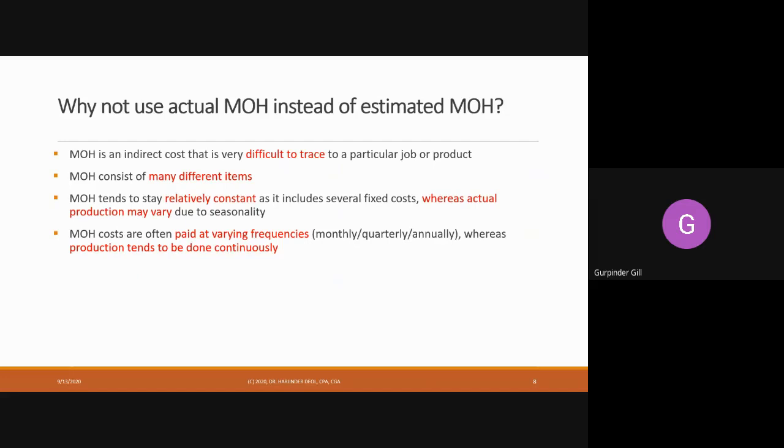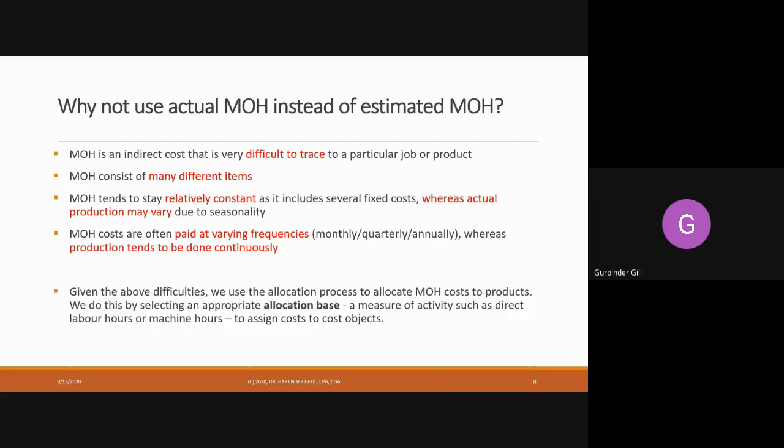Some of these costs might be paid on an annual basis, some might be paid quarterly, others are paid monthly. So, your MOH tends to stay relatively constant, as it includes several fixed costs, while your production may vary due to seasonality. So your fixed cost is not going to change, but your production level does keep changing.